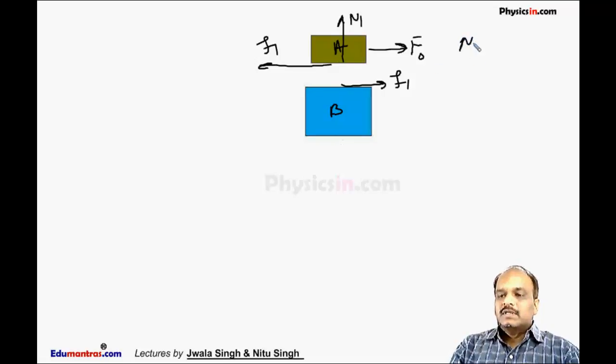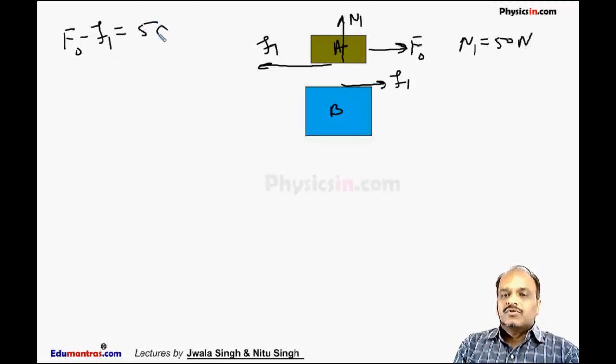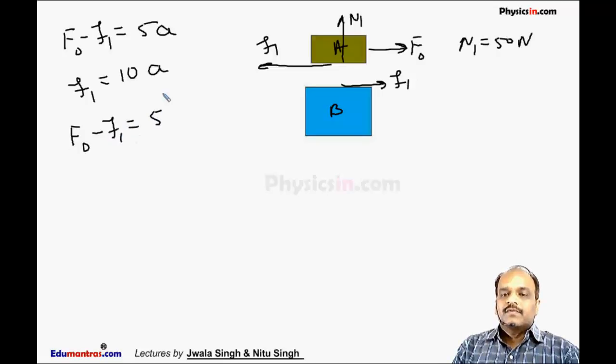N1 is equal to 50 Newton, and the first equation is F0 minus F1 is equal to 5 into a, and for the second block F1 is equal to 10a. So from here we can say F0 minus F1 is equal to 5 times F1 by 10. So F naught is equal to 3 F1 by 2.